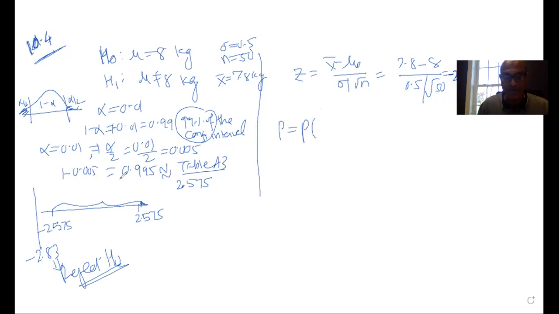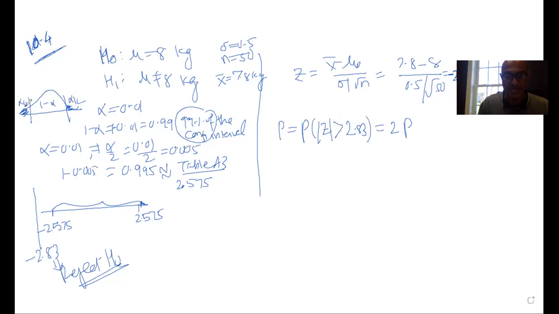Now it is two-sided, that means I'm not going to write simply z, but the absolute value of z greater than or equal to 2.83, either way. And because both sides have the same area, I'm going to multiply by 2.